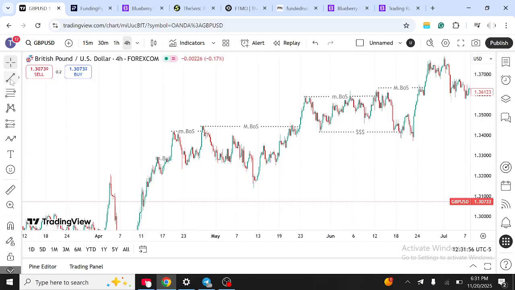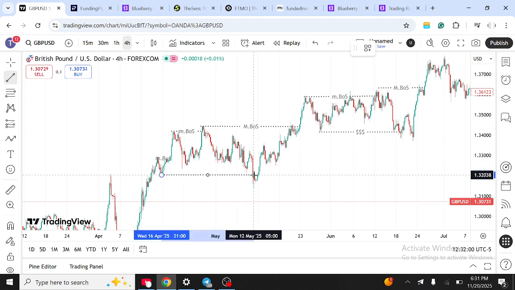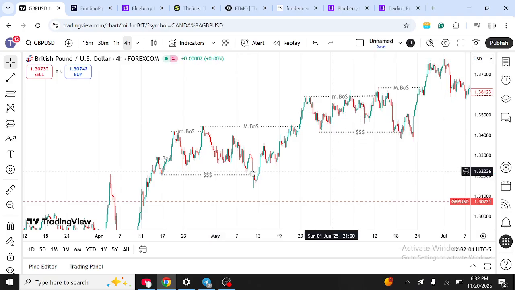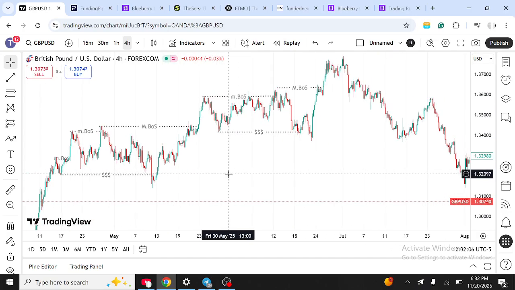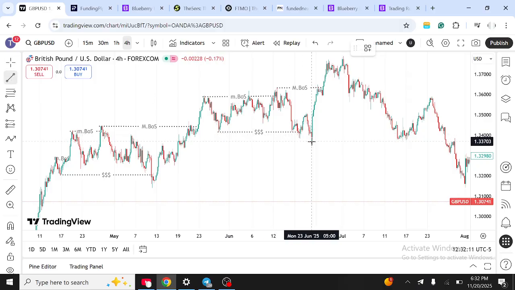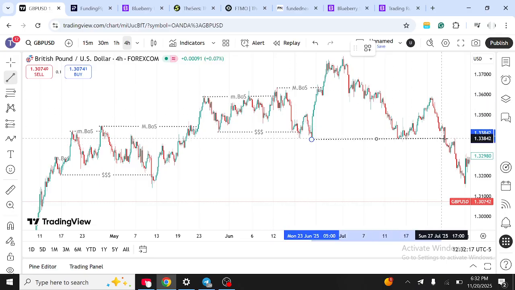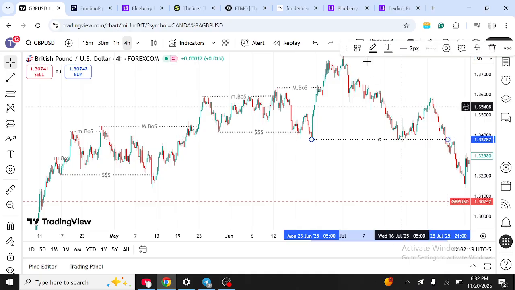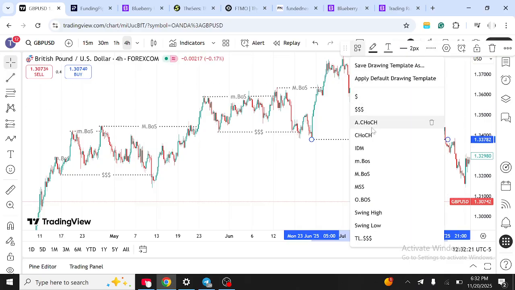Okay, so instead of calling this a change of character, I call it what? Liquidity sweep. So when do I confirm that a trend has changed? When price takes out this low. That's the low that caused the major break of structure. So this is when I have a change of character or market shift in the market.